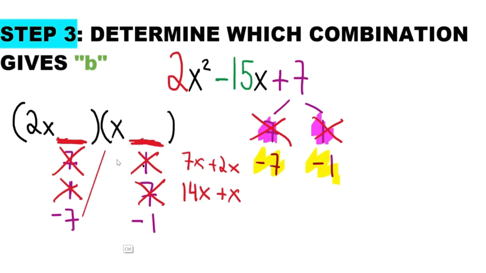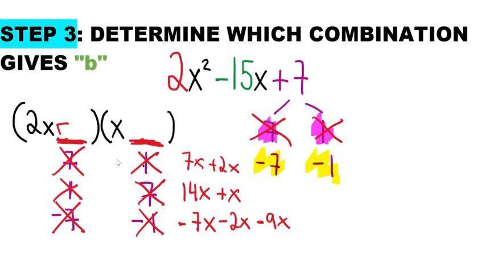We have -7 times x, that's going to give us -7x, and 2x times -1 will give us -2x. So that gives us -7x minus 2x, which is -9x. That's not really what we're looking for, so we're going to have to cross that option off.